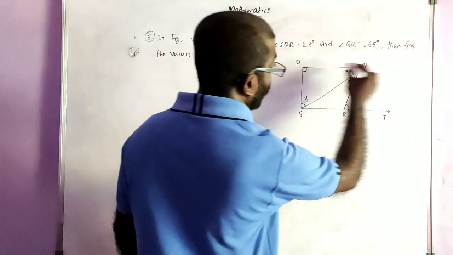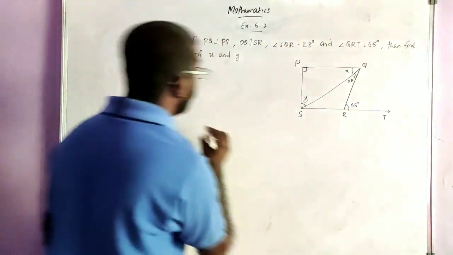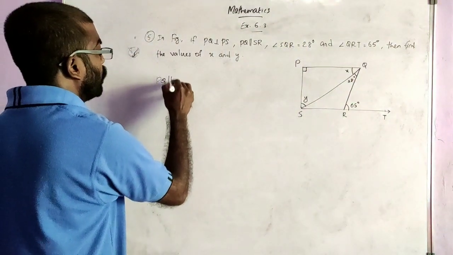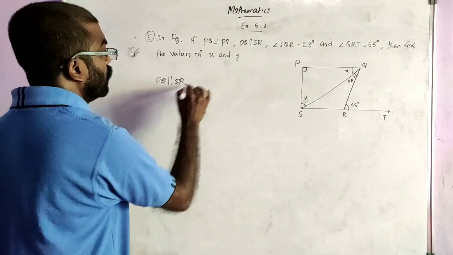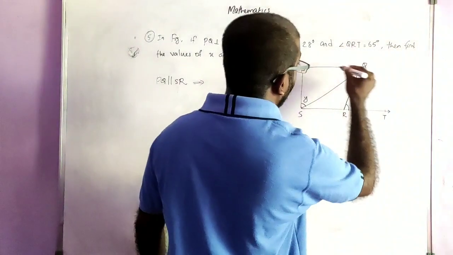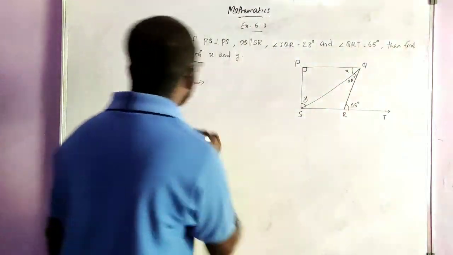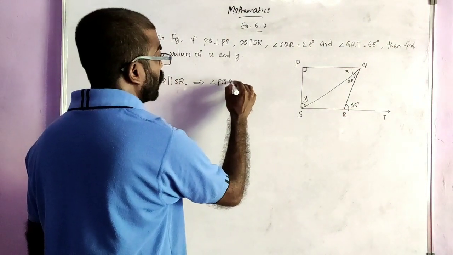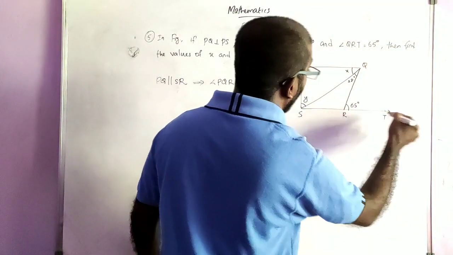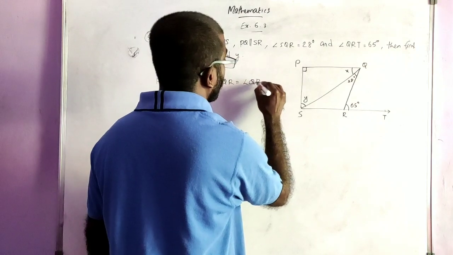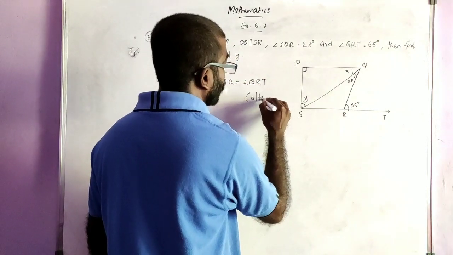Okay, here PQ parallel to SR implies, what can we write? Angle PQR equals angle QRT, alternate angles.